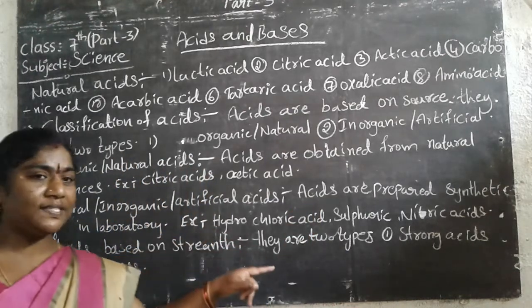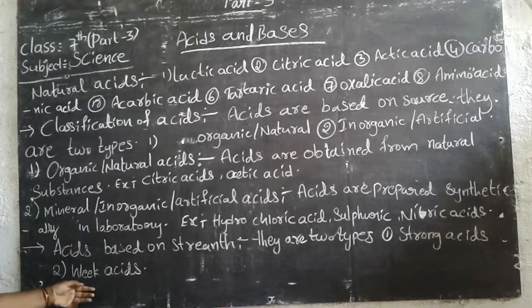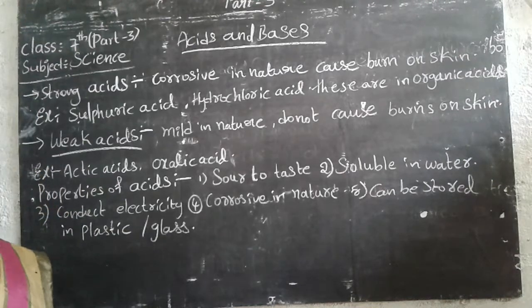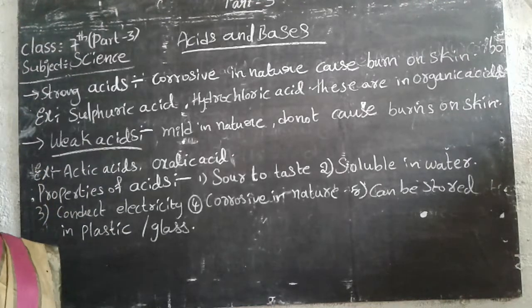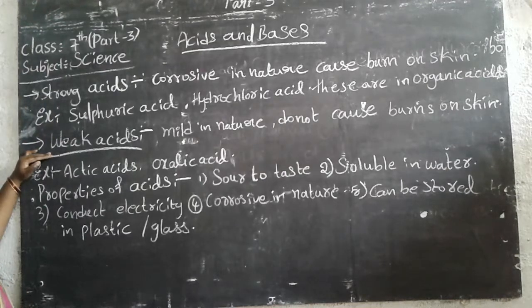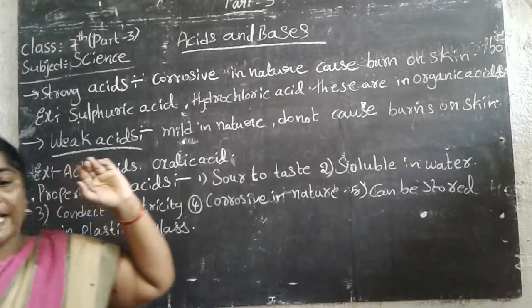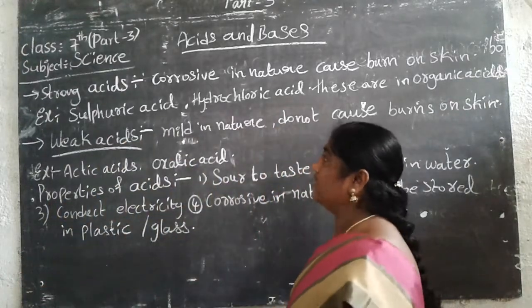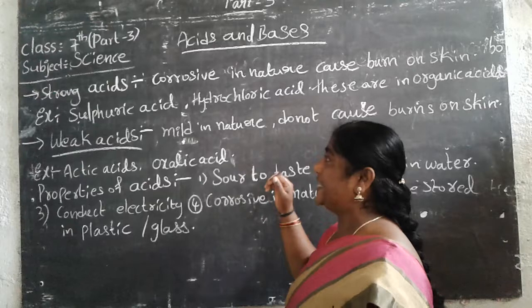One is strong acids, the second is weak acids. Two types of classification: strong acids and weak acids.